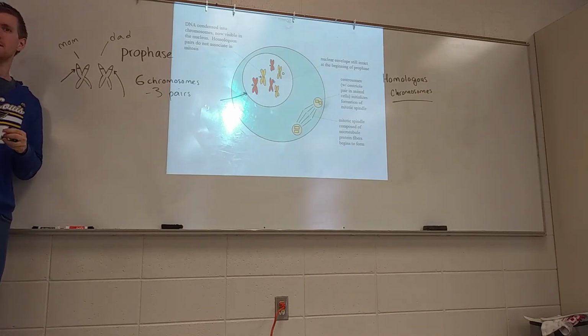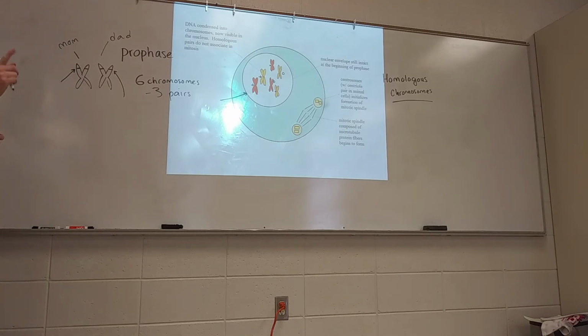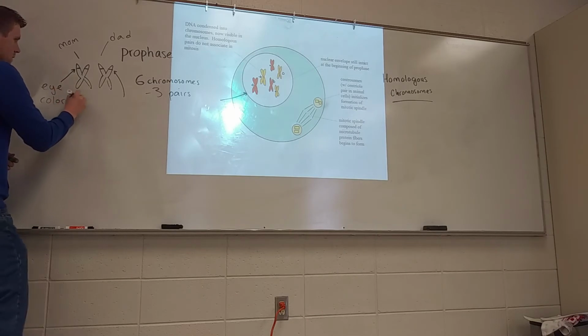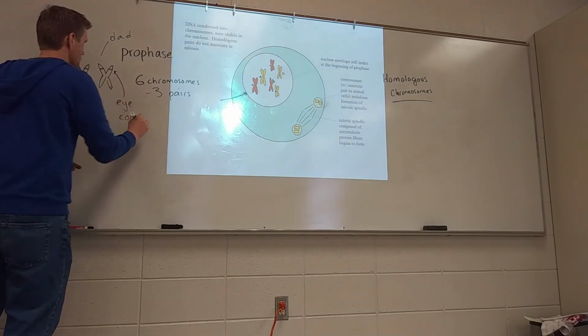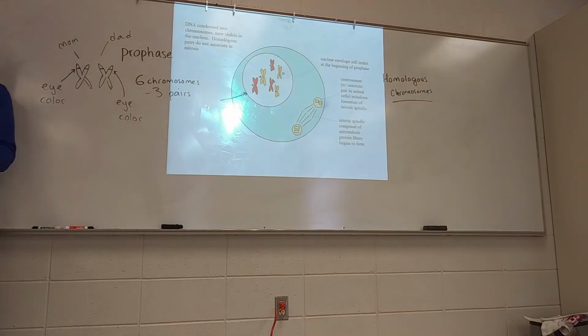Doesn't have to be identical, but it codes for the same thing. For instance, it's not this simple, but let's pretend it was. There's a gene for the color of your eyes. On both members of the homologous pair of chromosomes, you've got that gene for eye color in the exact same spot on the one you got from your dad and the one you got from your mom.